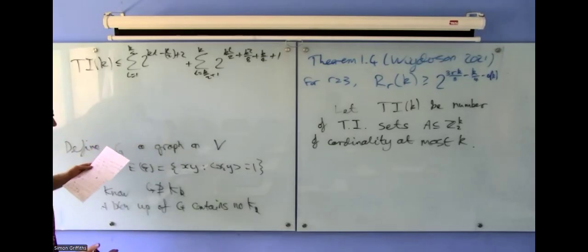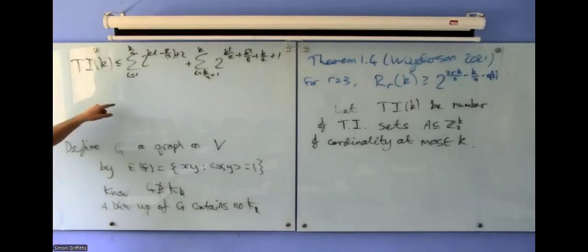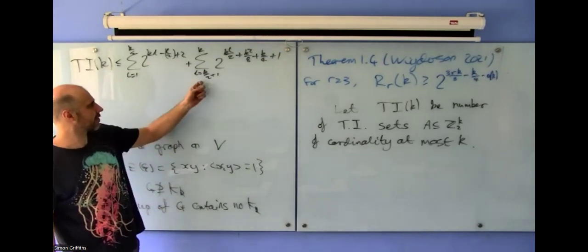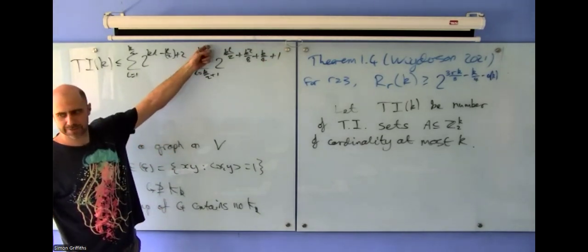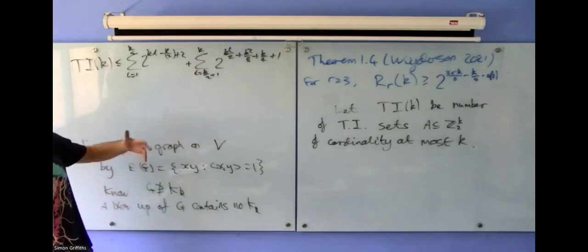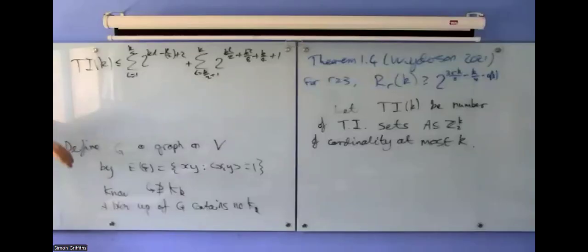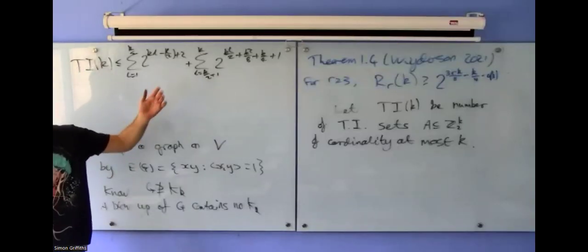But all that really matters is basically these are all increasing as L gets bigger. So the biggest term is when L equals K. And it's sort of a geometric type behavior as well. So the whole sum is at most a constant times the largest term.